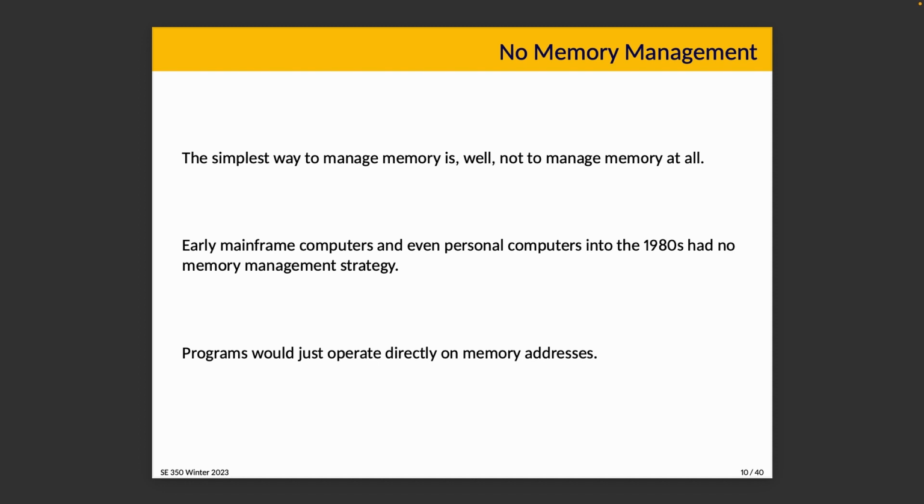Early mainframe computers, and even personal computers into the 1980s, had no memory management strategy. Programs would just operate directly on memory addresses. We would treat memory as a linear array with addresses starting at 0, going up to the maximum limit of the physical hardware of the machine. The section of memory that was actually program accessible depended a lot on your operating system.